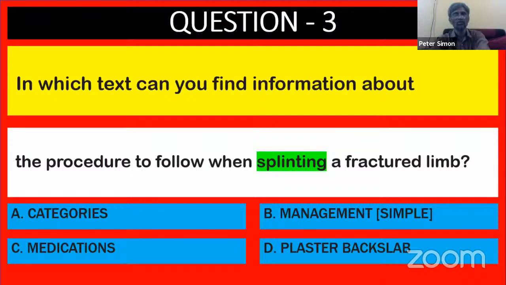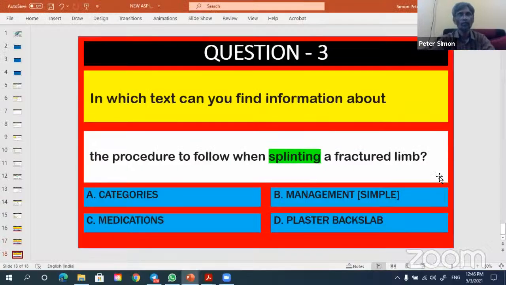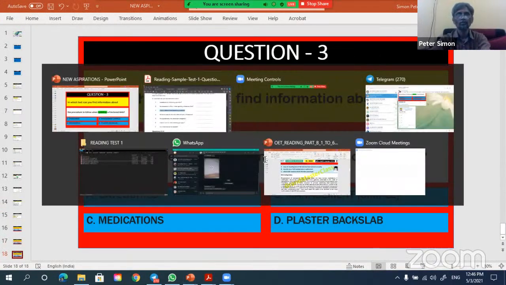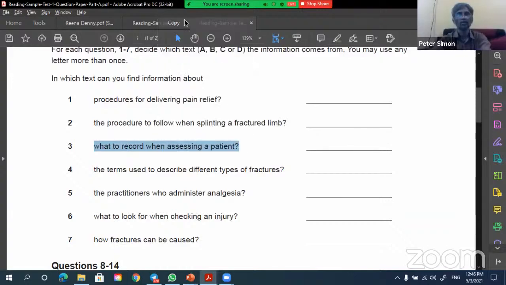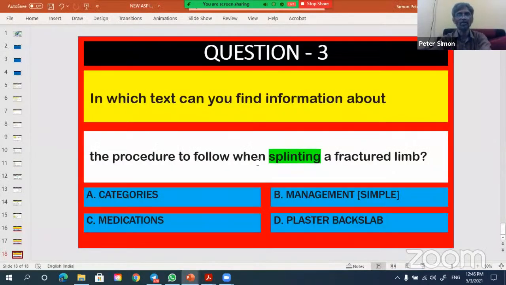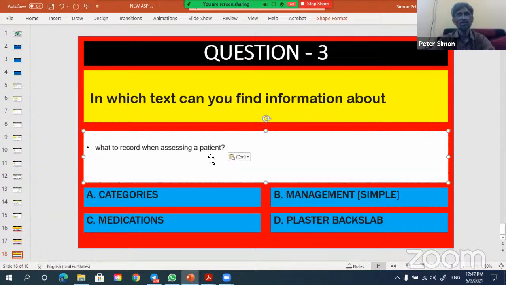Next one, this is the third one. What to record when assessing a patient? There you saw splinting, but here it is assessing.